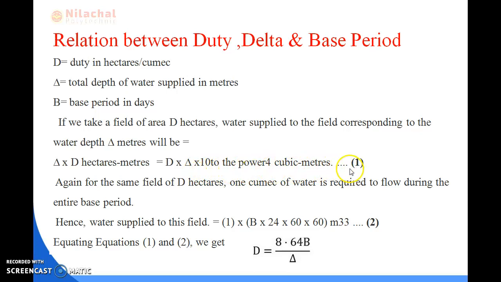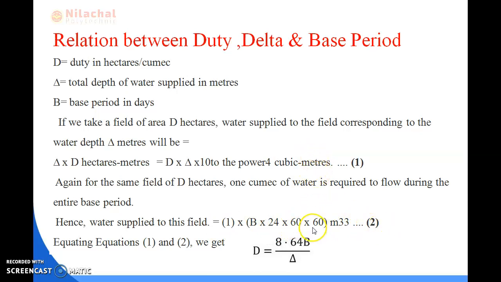So it is equation 1. Again, for the same field of D hectares, 1 cumec of water is required to flow during the entire base period. So you can see here 1 into B into 24 into 60 into 60 cubic meters, because B is the base period in days. That is equation 2.